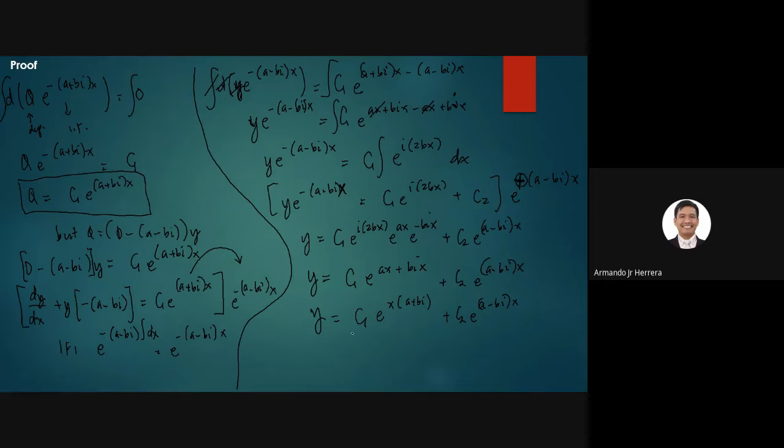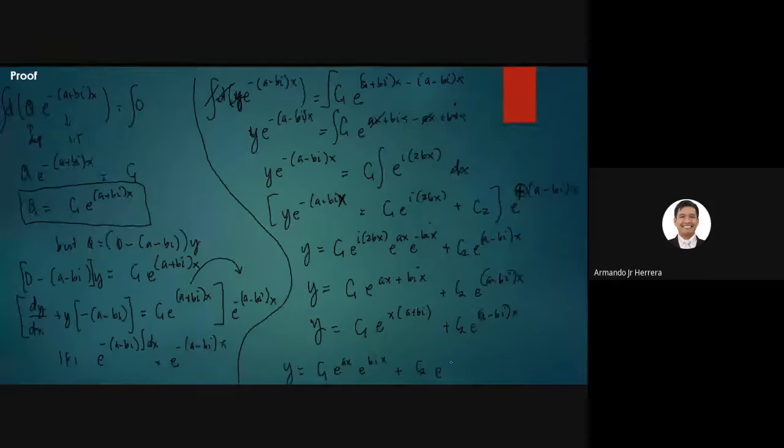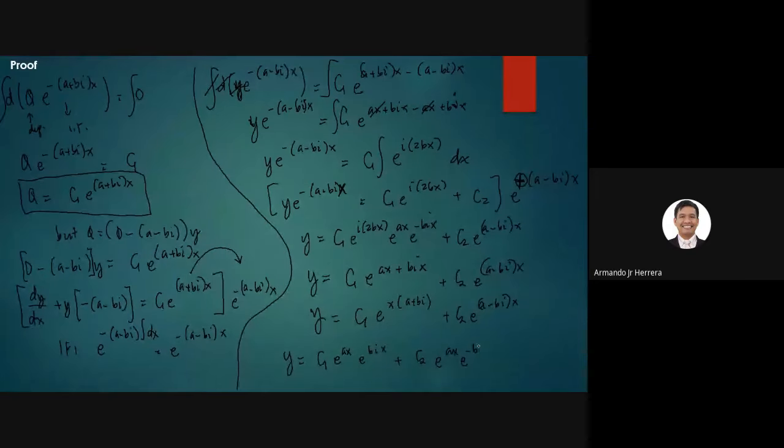But then again, using our algebra, we will have y is equal to C1 e to the ax e to the bix plus C2 e to the ax e to the negative bix. So notice e to the ax and e to the ax are common.